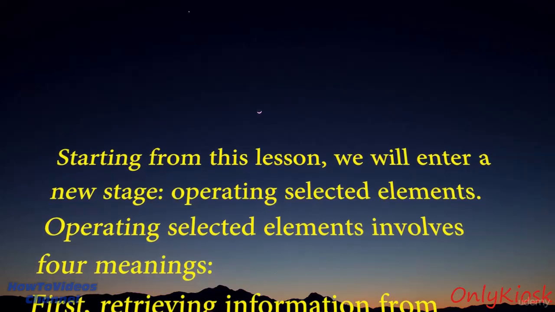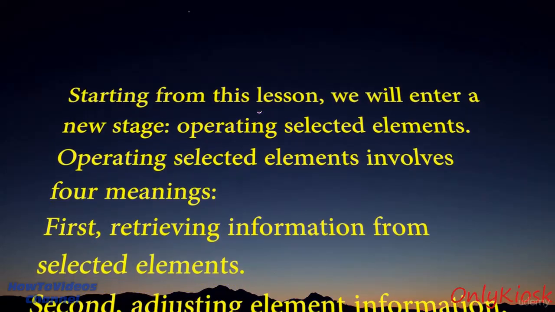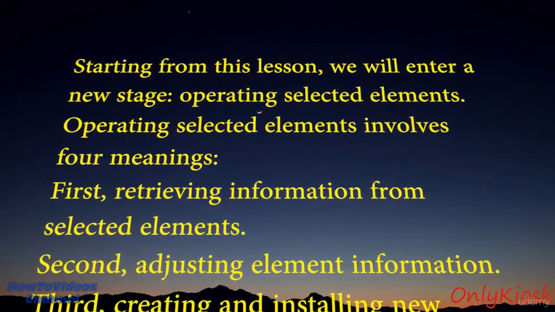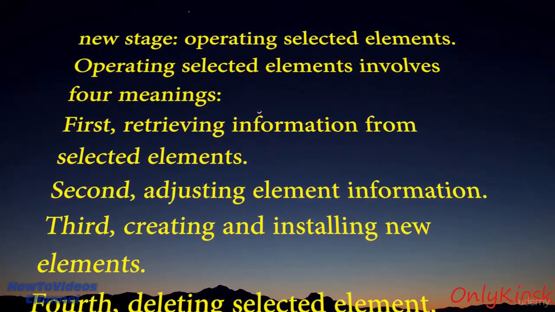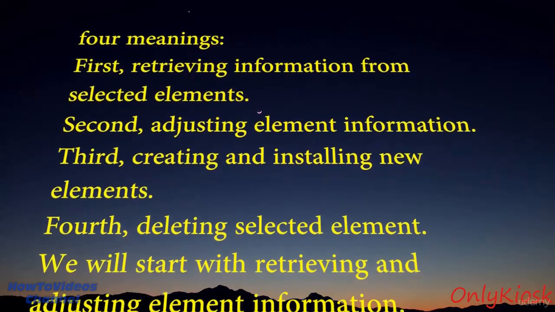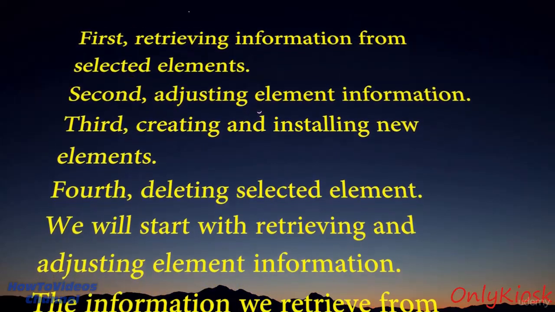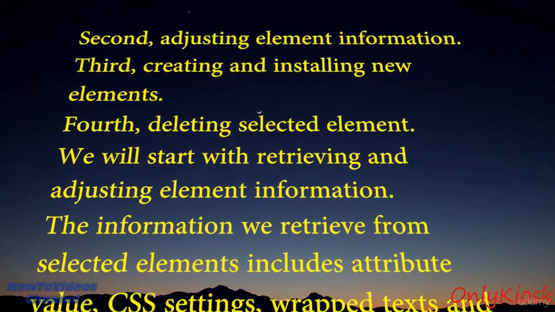Starting from this lesson, we'll enter a new stage, operating selected elements. Operating selected elements involves four meanings. First, retrieving information from selected elements. Second, adjusting element information. Third, creating and installing new elements. And fourth, deleting selected elements.